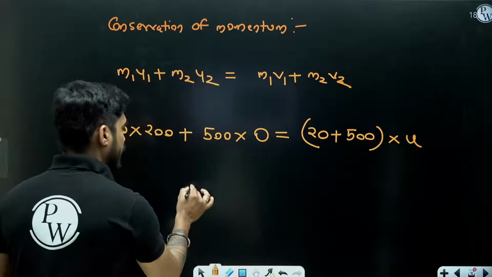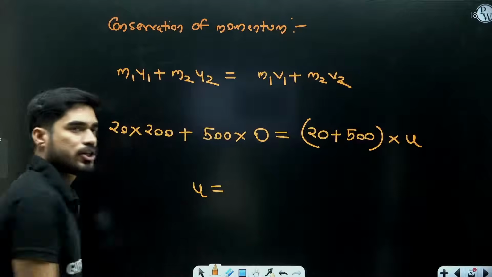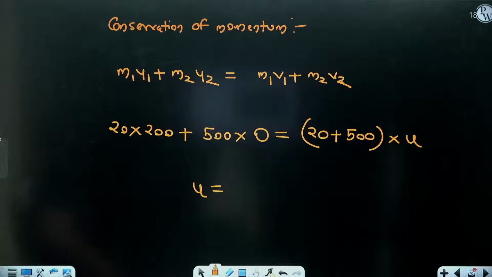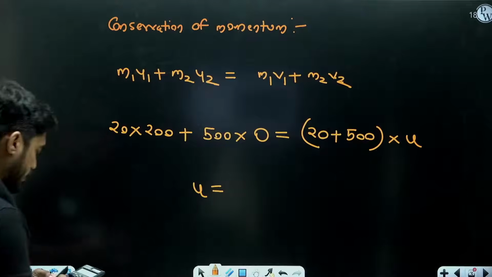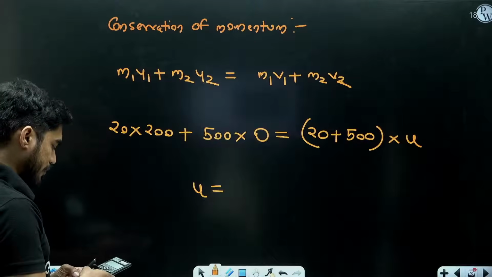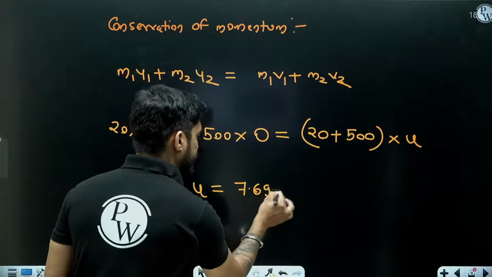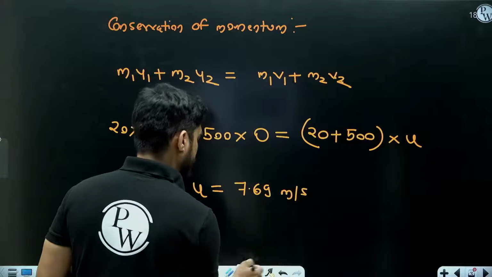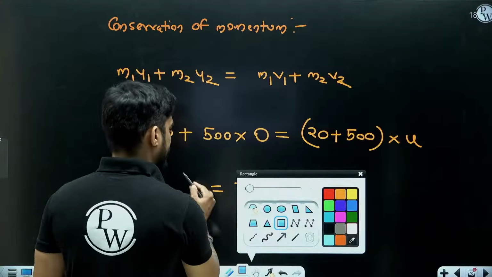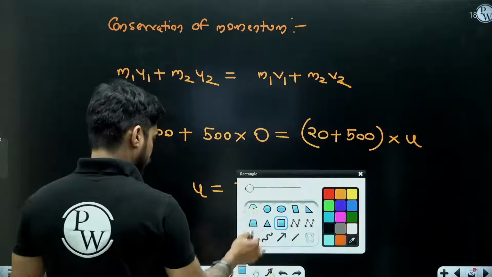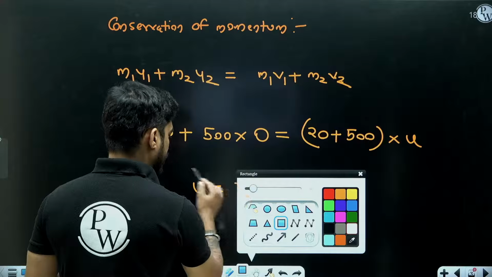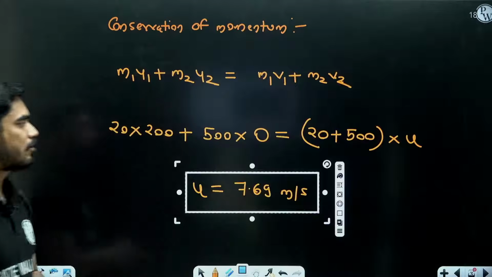So from here you will get the initial velocity with which the block and bullet will move together. 20 into 200 divided by 520, I am getting 7.69 meter per second.